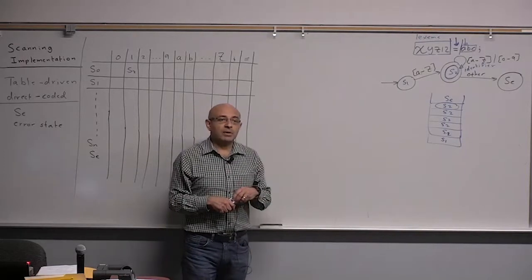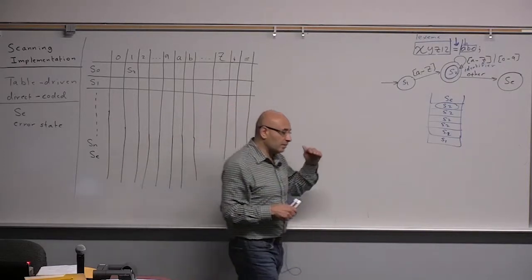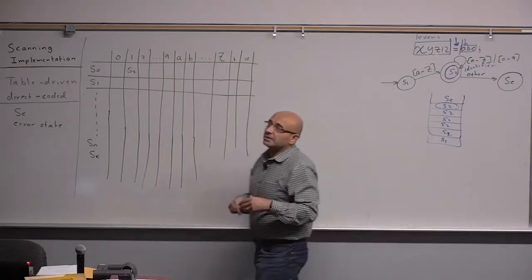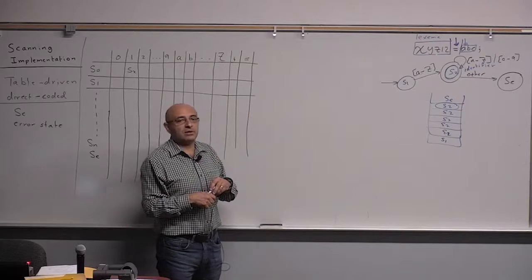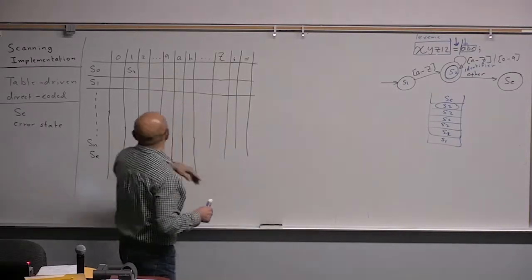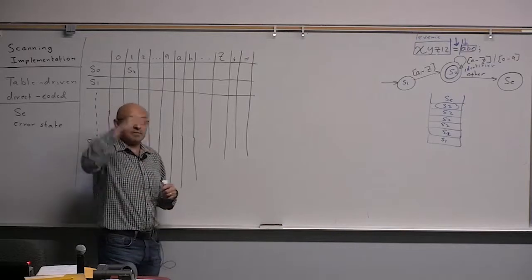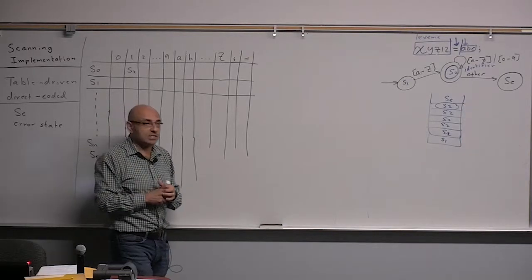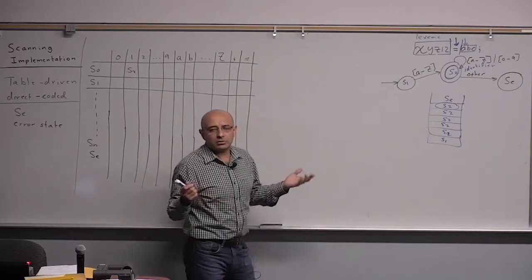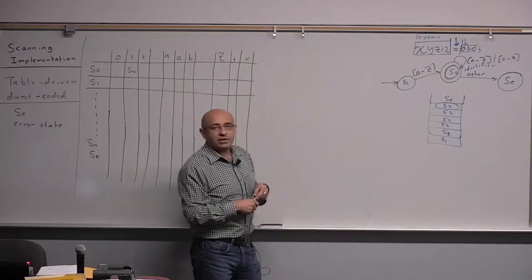And one simple way of resolving this conflict is to give priorities to the different syntactic categories. And a simple way of specifying the categories is just to go by the order in which they are listed in the regular expression file, the file of regular expressions that you are inputting to the scanner generator, or that you are using to generate a scanner manually.